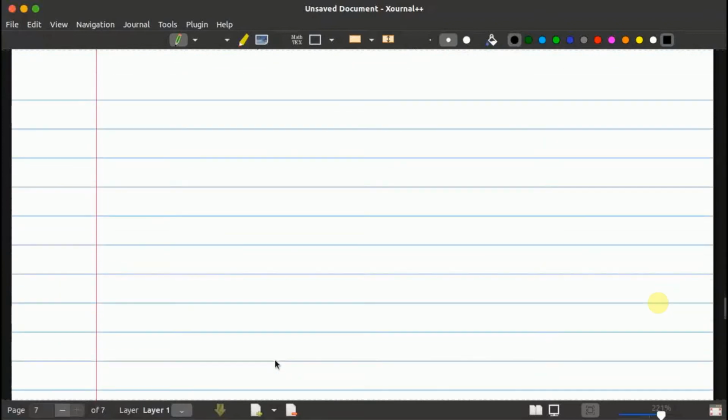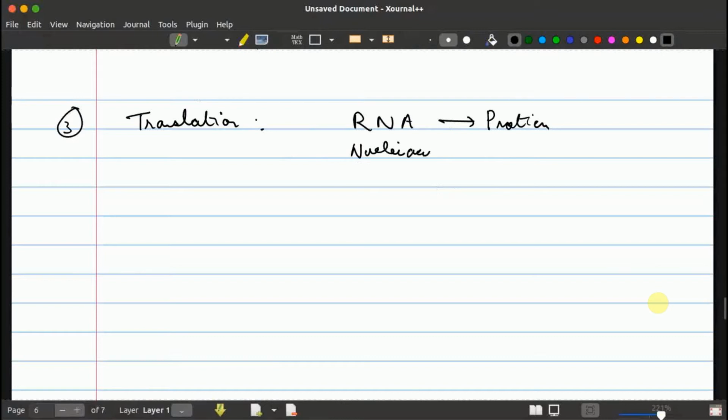Yeah. So now we come to translation. I forgot the numbering also. It's the third step, right? Translation, sorry. So translation is what? Your RNA to protein. And we had this entire discussion about translation logic here, like we're going from nucleic acids to amino acids.